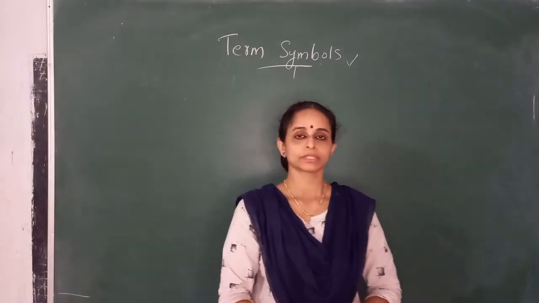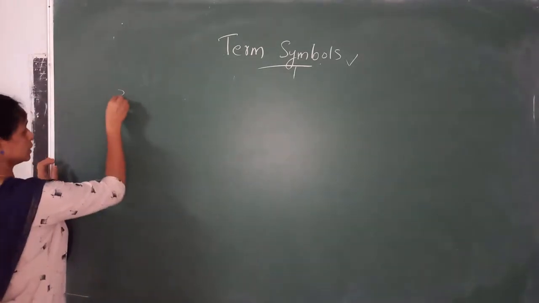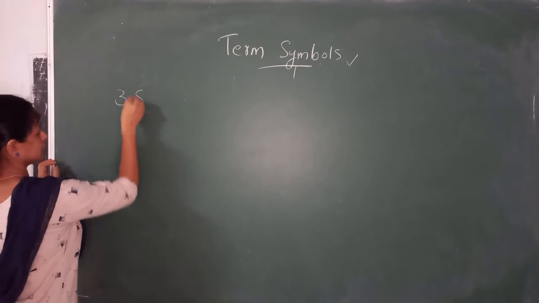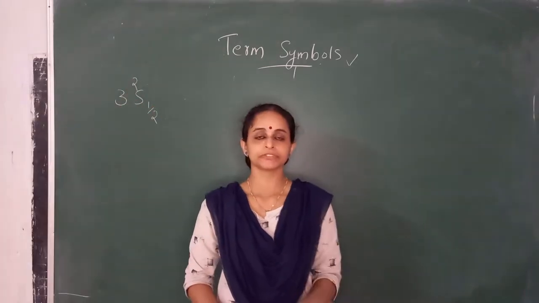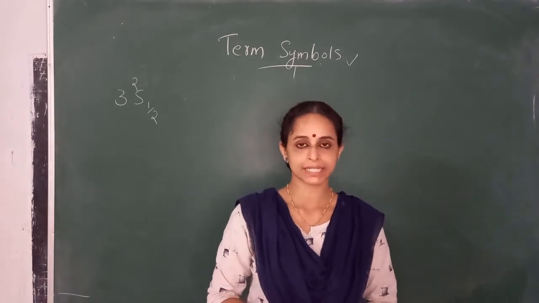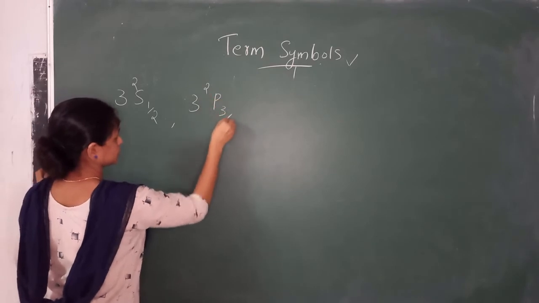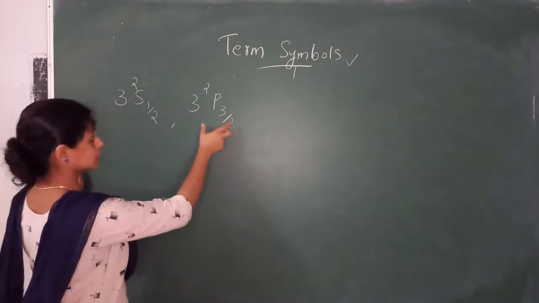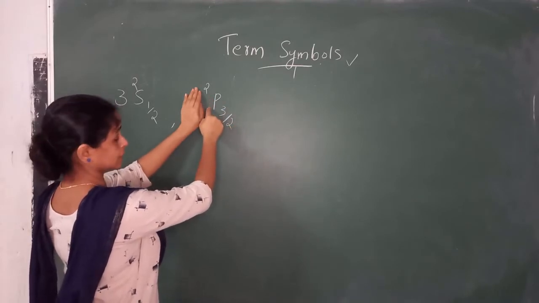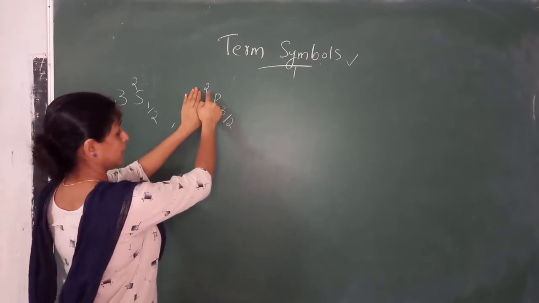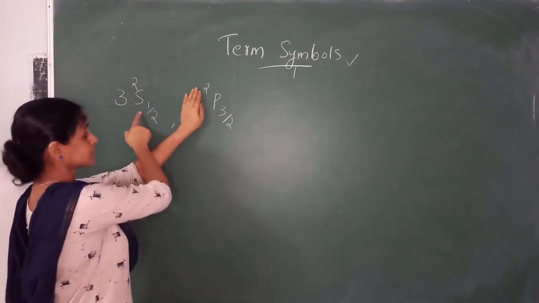The term symbol for the ground state of sodium is given by 3 2S 1/2, and that of the first excited state is given by 3 2P 3/2. This representation can be read as doublet P 3 by 2, and this is doublet S half.